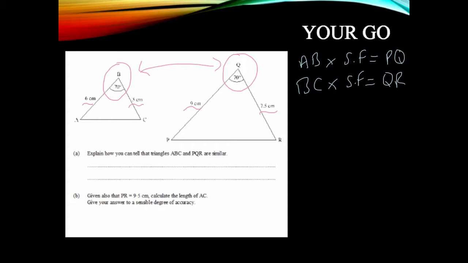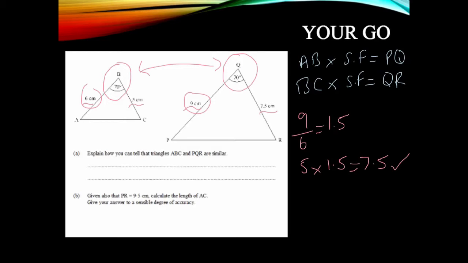Let's see if we can work it out. I'm going to first of all use 9 and 6. 9 divided by 6 is going to give me 1.5. And let's just see if the same scale factor has been used on the other one. Is 5 multiplied by 1.5 7.5? Yes, it is.